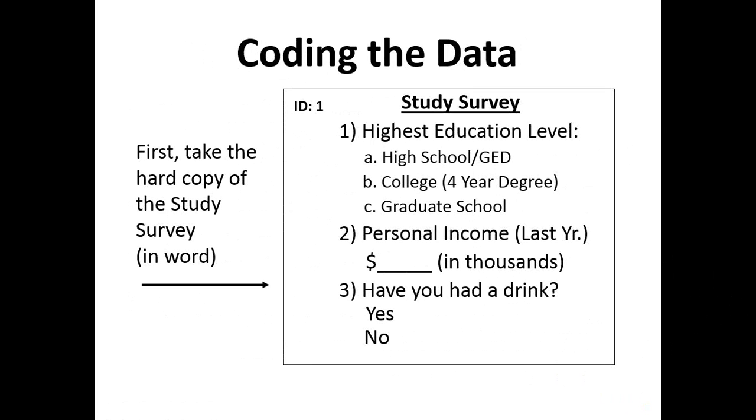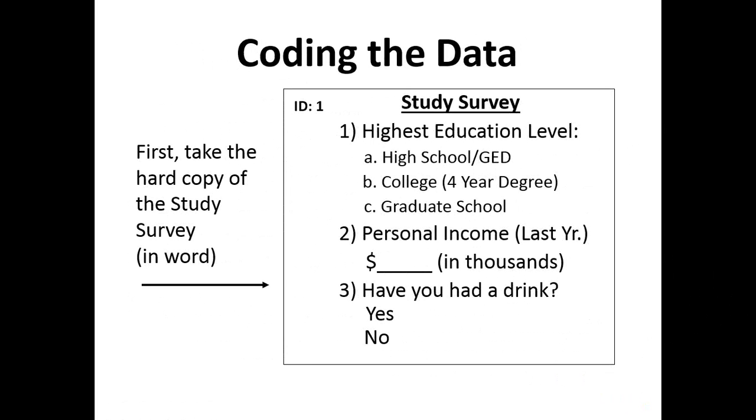Right? So this is the study ID assigned to each study participant. So the first variable in the upper left-hand corner is ID. Okay, that's almost every study. You need to give an ID, and you have to put it on the survey. So when you enter it into the database, you can find the hard copy of the survey that corresponds with the case in the database.